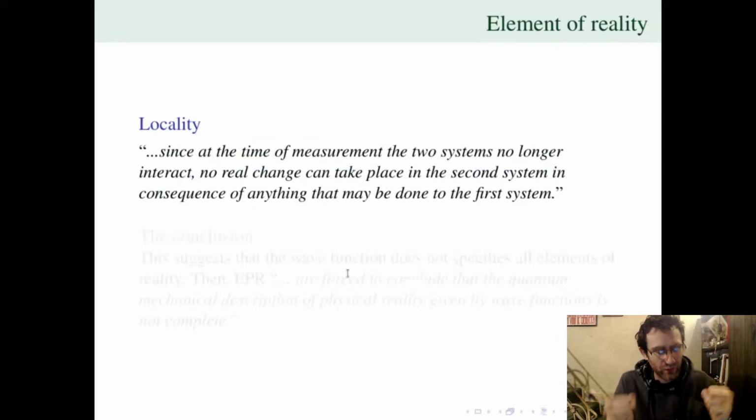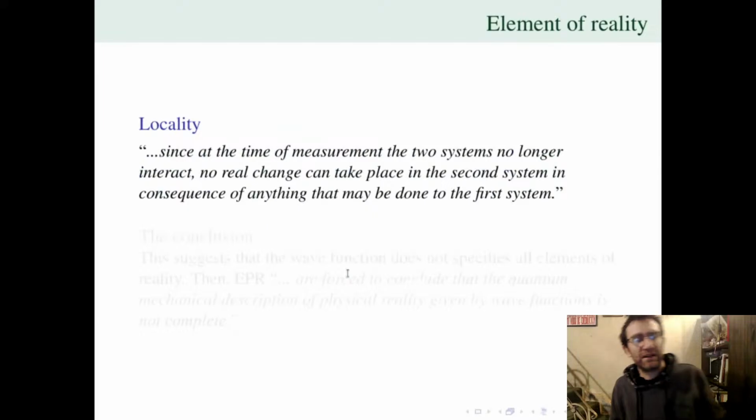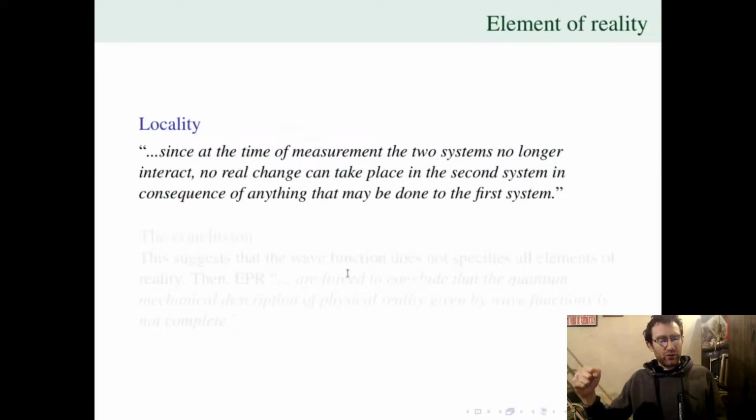So suppose that you have two particles, and these particles are created and prepared in an entangled state, and they separate and can possibly be very far away. In the first particle, you measure something.